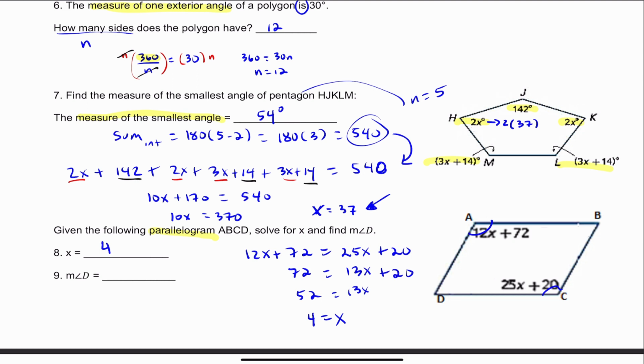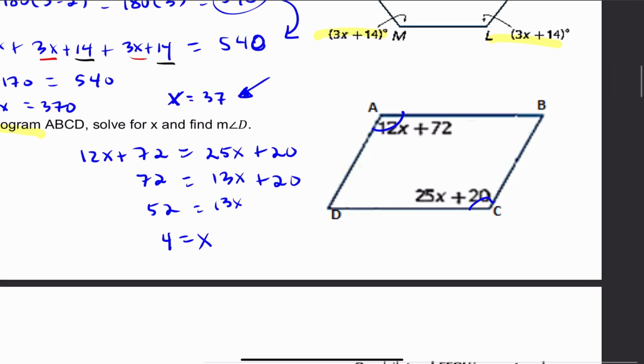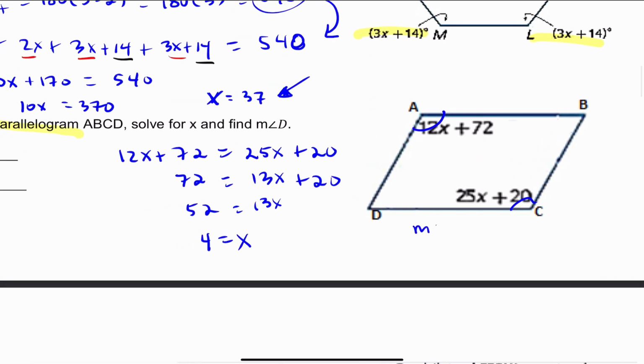It's asking to find the measure of angle D, and there is no expression for angle D. So your best bet is to plug into one of these expressions. I'm going to choose this one because it looks easier. The measure of angle C is 25 times 4 plus 20, and that gives me 120 degrees.